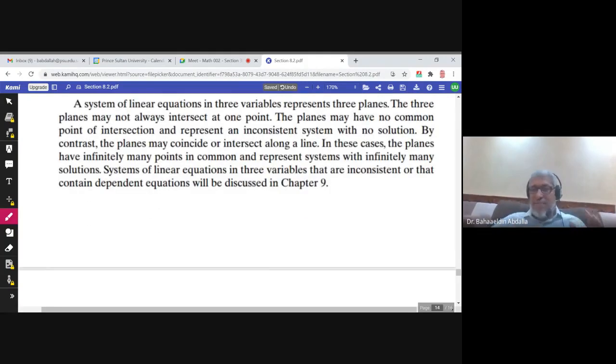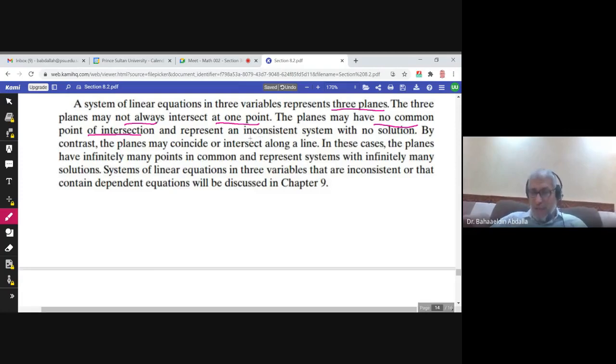Now, a system of linear equations in 3 variables represents, as we mentioned, 3 planes. The 3 planes could intersect at one point, but not necessarily always. Sometimes the planes may have no common point of intersection. They could be all parallel, or two of them parallel and the other one is not.